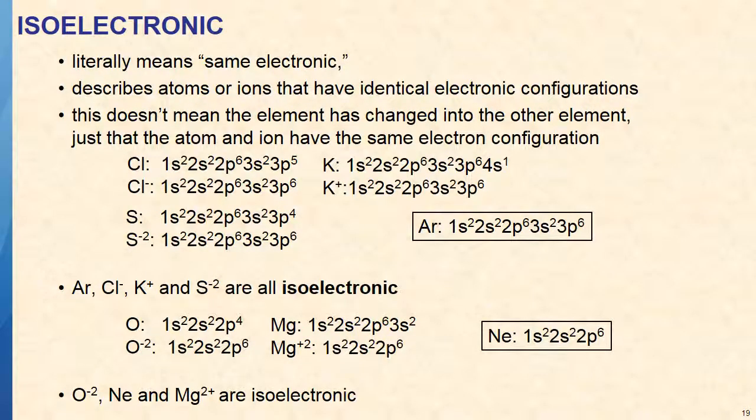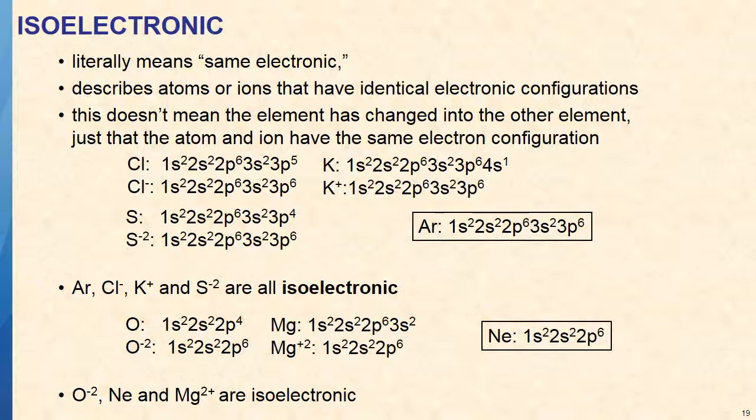So all of these elements and ions that we've been talking about are actually considered isoelectronic to each other. So here you have the chlorine atom ending with 3p5 and then the chlorine ion ending with 3p6. We have the potassium atom ending with 4s1. If we take that away, we have potassium ion ending with 3p6.